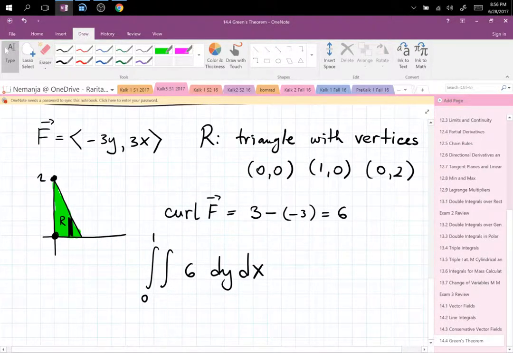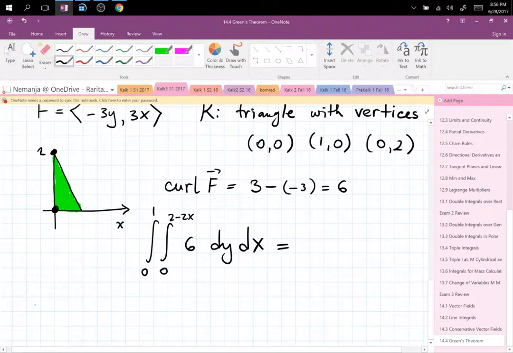And y is going to go from 0 to the line over here, and the line is 2 minus 2x. The slope is negative 2, and the y-intercept is 2. Awesome. So all we need to do is to integrate this. So technically, most of the problem is actually dealing with chapter 13, 13.1, 13.2, 13.3 to set up and evaluate the double integral.